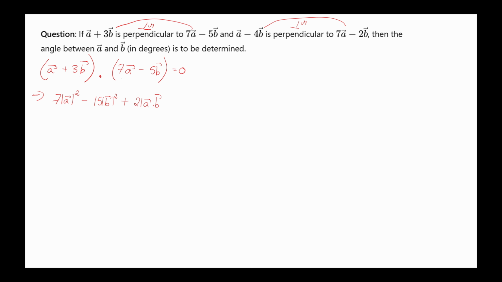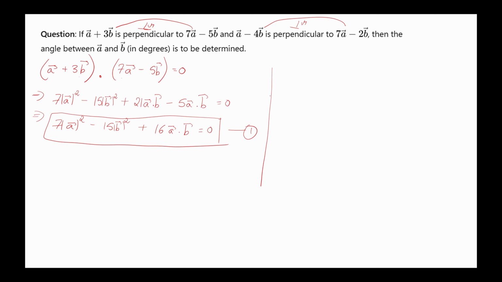I am writing it in this format, and this would become minus 5 a vector dot b vector, this is equal to 0. So upon simplifying, we get 7 a vector modulus square minus 15 b vector modulus square plus 16 a vector dot b vector is equal to 0. So this is our first equation.